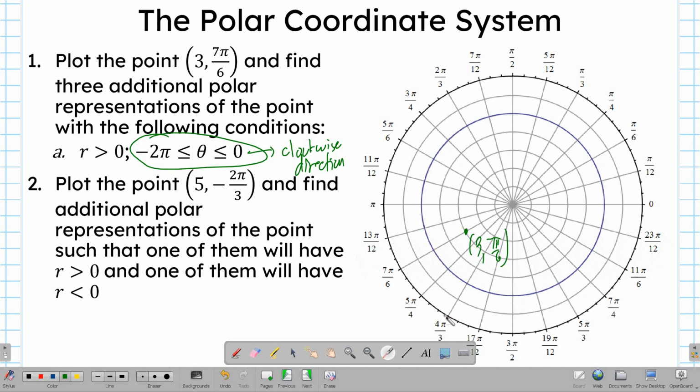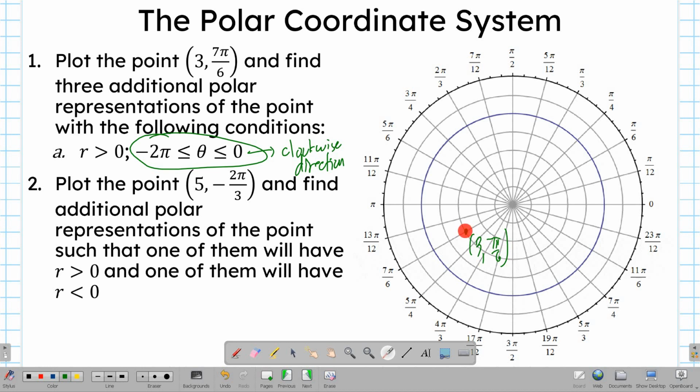But r should still be positive, so we remain at 3. If we start counting, this is -π/12, -π/6, let's count: 0, -π/12, -π/6, -π/4, -π/3, -5π/12, -π/2, -7π/12, -2π/3, -3π/4, and this is -5π/6 by counting.